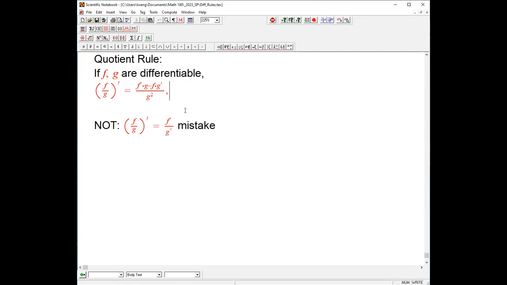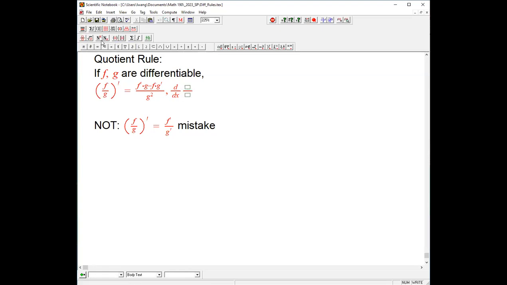Of course, there are other versions of it. The other version looks more complicated, but it has its advantage.